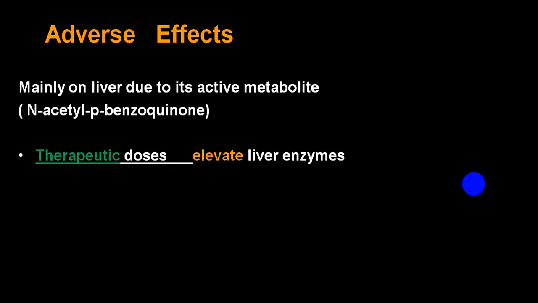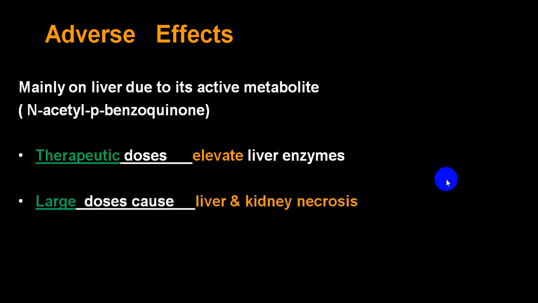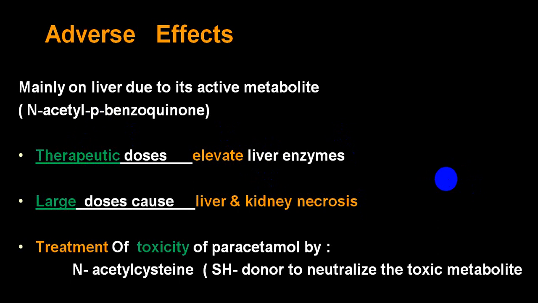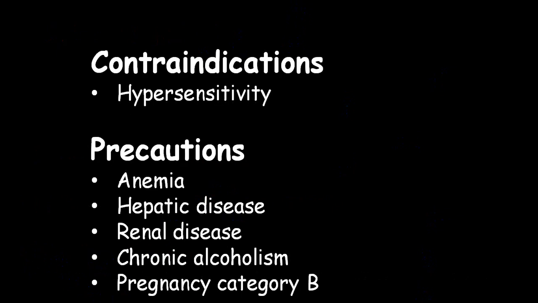Adverse side effects, because of this toxic substance, are damage to the liver, and it elevates the liver enzymes. In a large dose, it can also produce nephrotoxicity and hepatotoxicity. And toxicity of paracetamol can be handled with N-acetylcysteine. So this can be combined with paracetamol preparations.